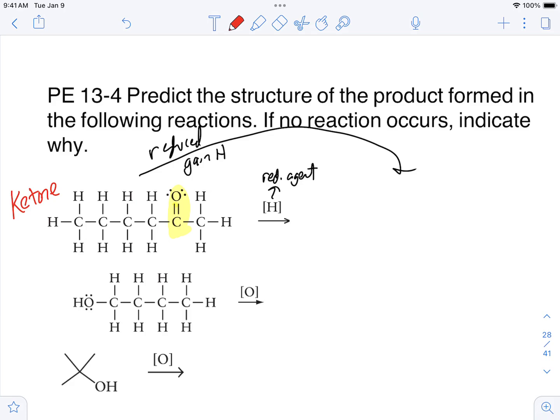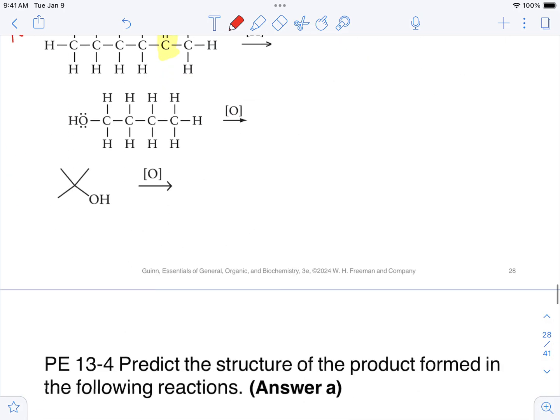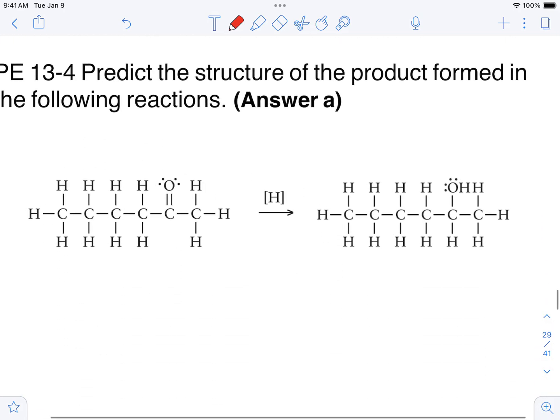So what that will look like, I think it's on the next page here. Look what happened right here. Your carbon down low gained an H. It's single bonded to the oxygen up top. And then that oxygen gained an H to become an alcohol. Remember, to be an alcohol, you need an OH group. And the reason it's a secondary alcohol is because that C is bonded to 2 R groups.